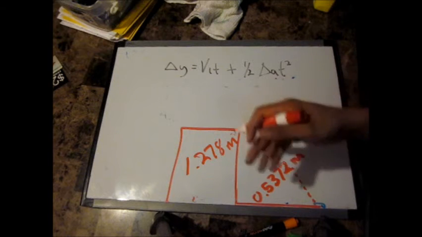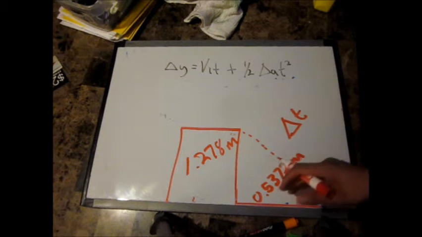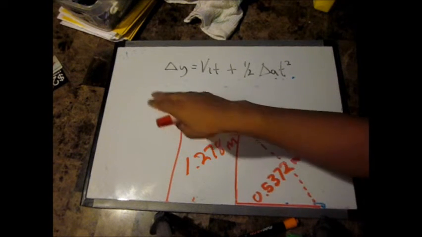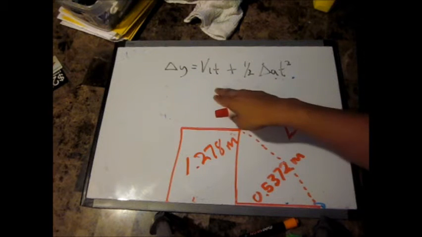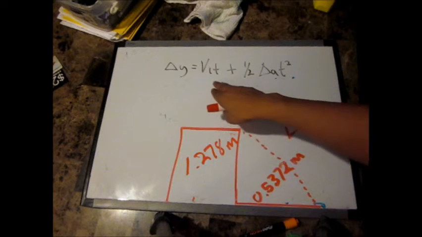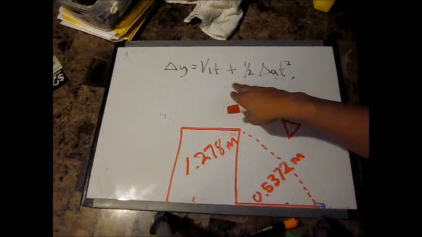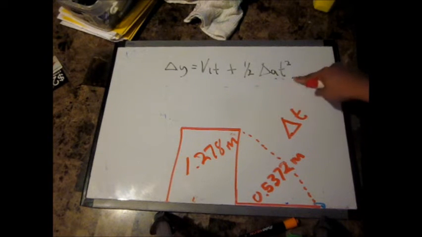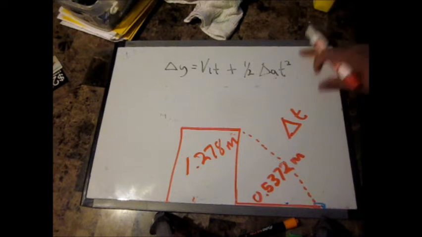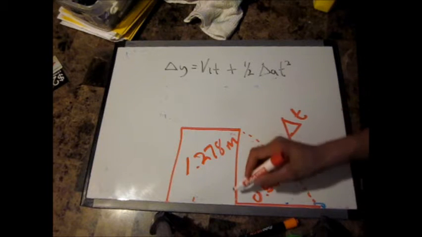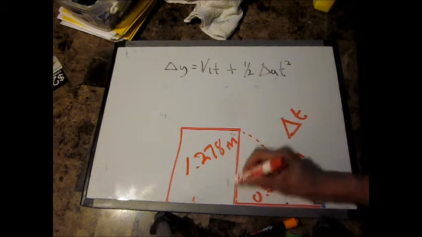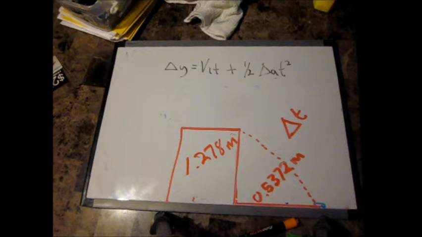We can use the previous equation that we used on the other question: change of y equals initial velocity multiplied by time, and then our second increment is plus 1/2 acceleration times t squared. And remember that equation one more time, because we're given our change of y-axis right here. Bless you, wife!